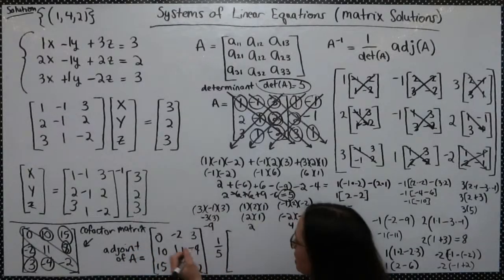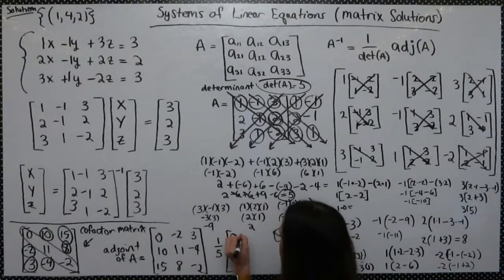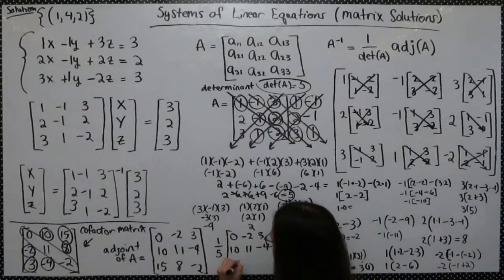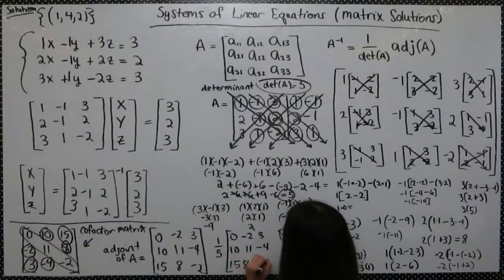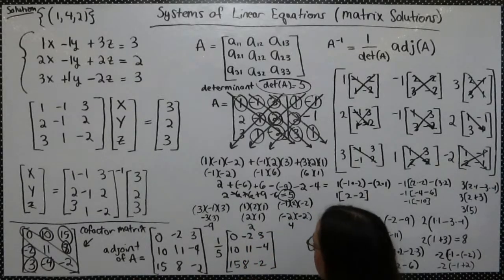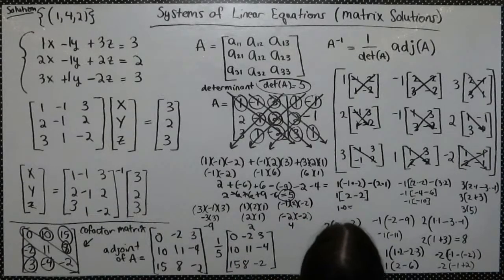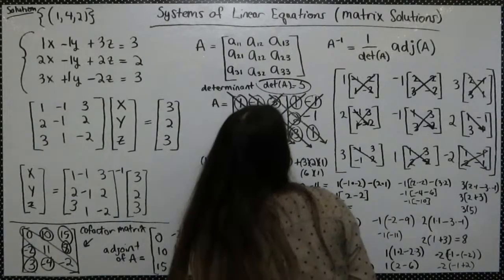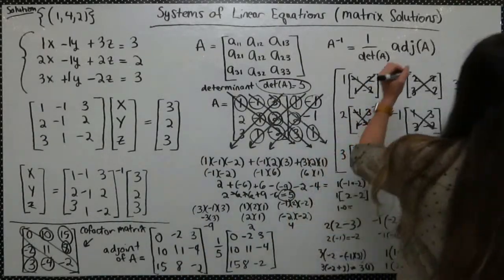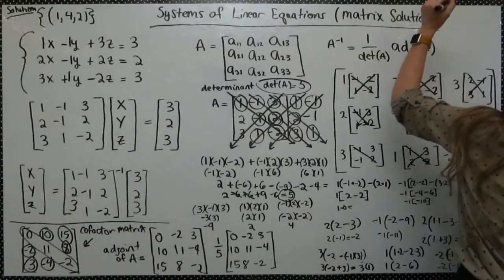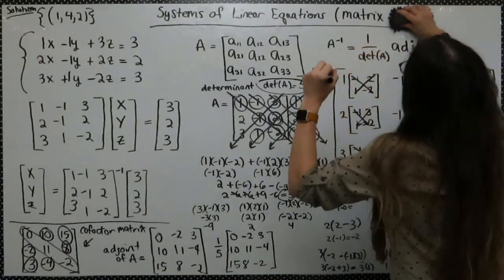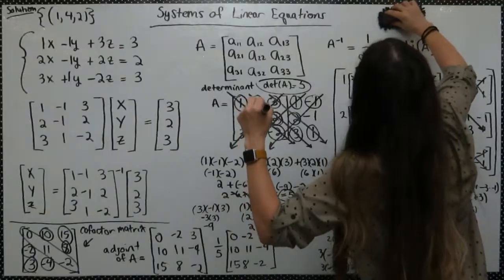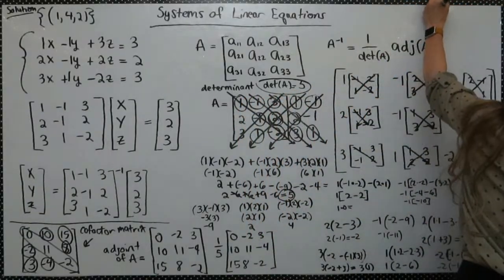Okay, 1/5 times all of these numbers: 0, -2, 3, 10, 11, -4, 15, 8, and -2. And then I got to figure out where I'm going to put it. I guess I could fit it up here. I can erase that, and I can fit it right in here somewhere.